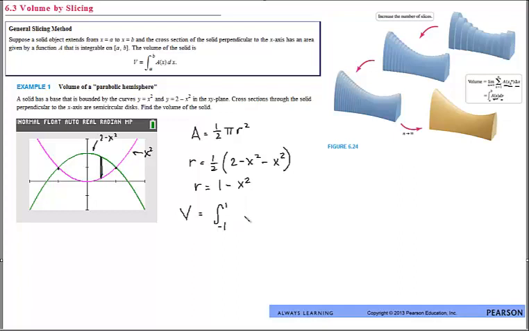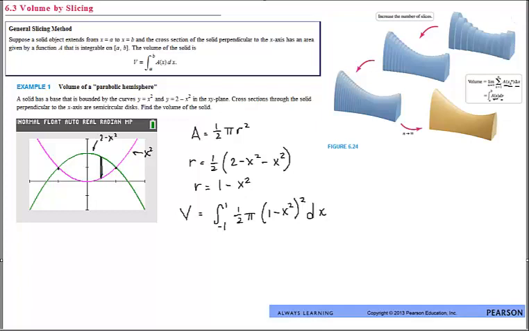And then it's going to be 1/2 the area, which is pi, and then the radius, 1 minus x squared quantity squared dx, and then I'm going to do that integral.